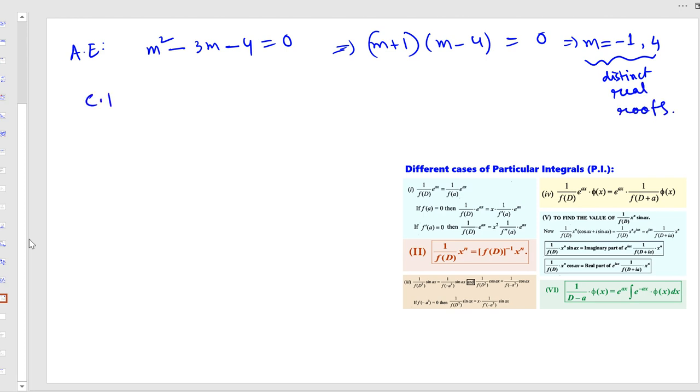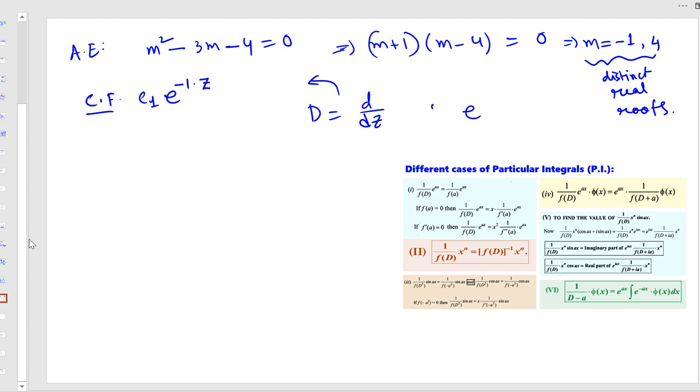So the CF will be given by C1 into e to the power minus 1 into z, because D we have assumed as d/dz.